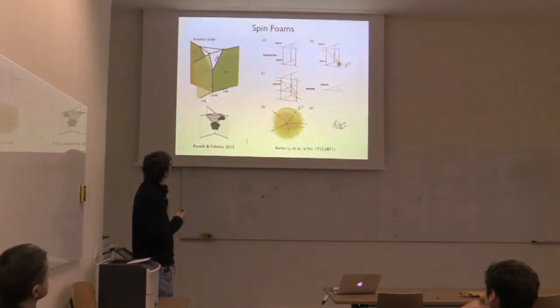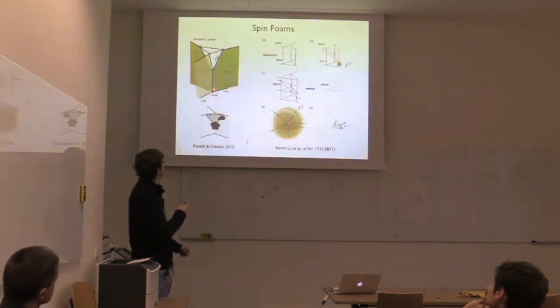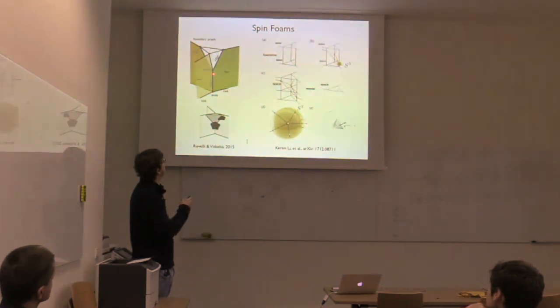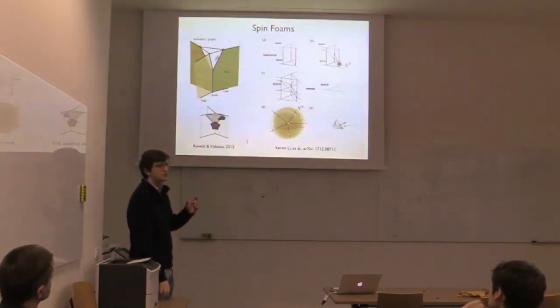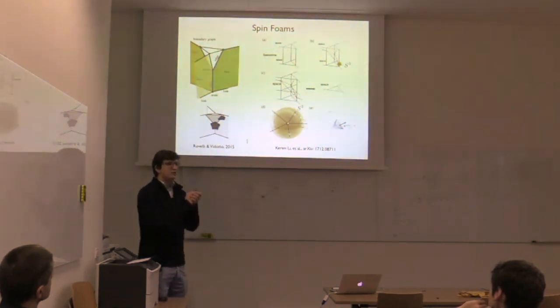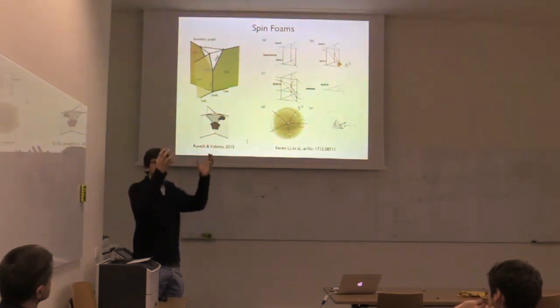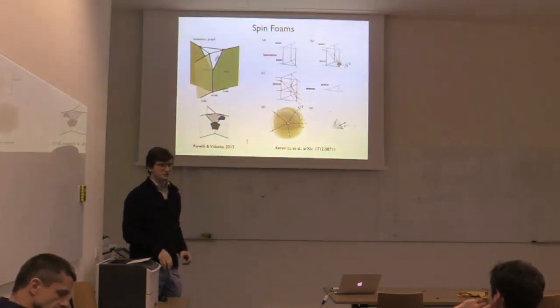Let's imagine, for instance, a spin network a part of which is a trivalent node. Then in the course of time evolution, this node decomposes into 3 new nodes. So let's say we have a chunk of volume, an atom of volume, and this atom of volume creates 3 new atoms of volume.